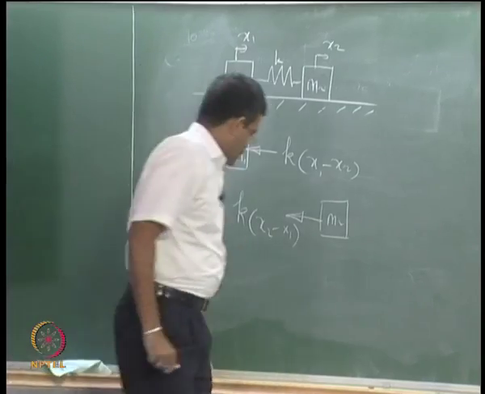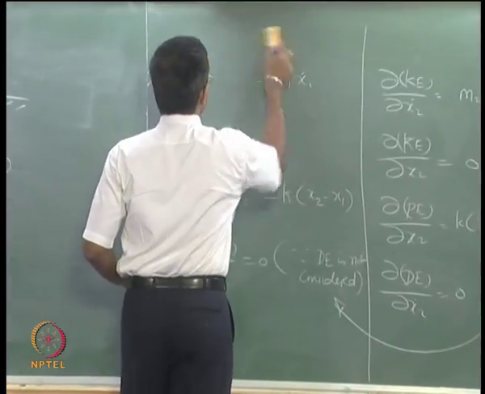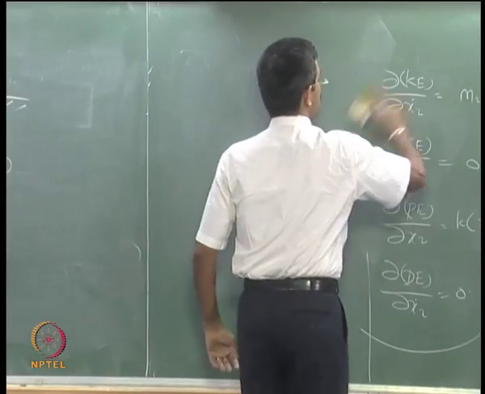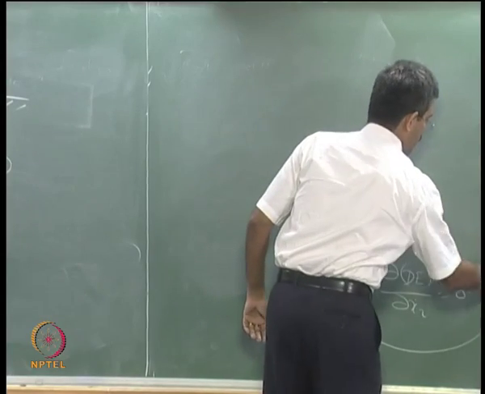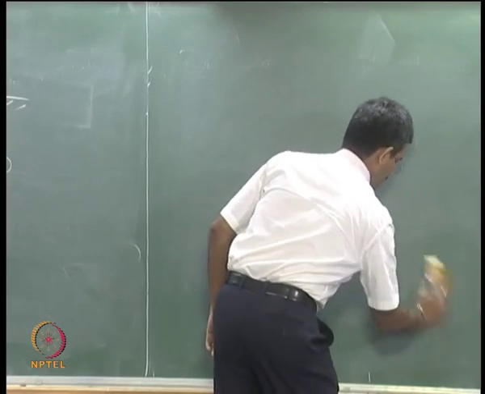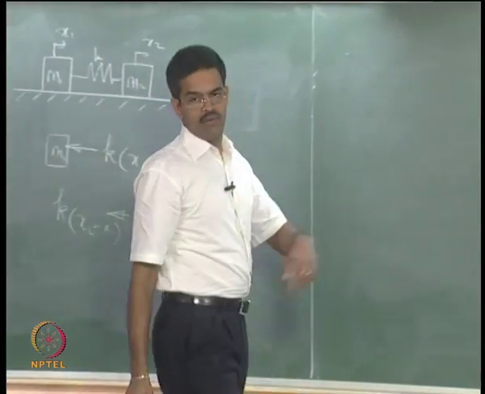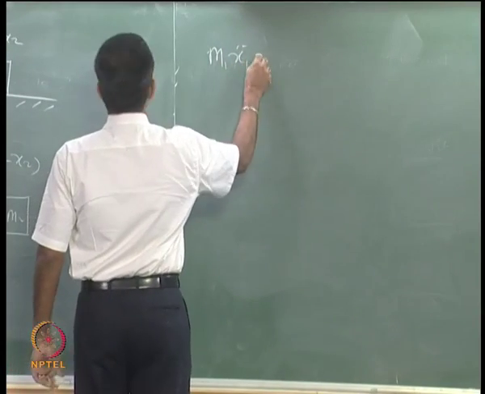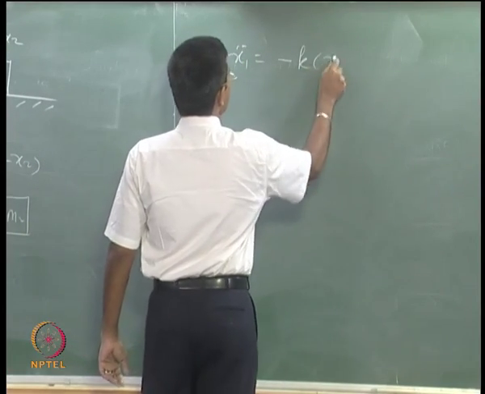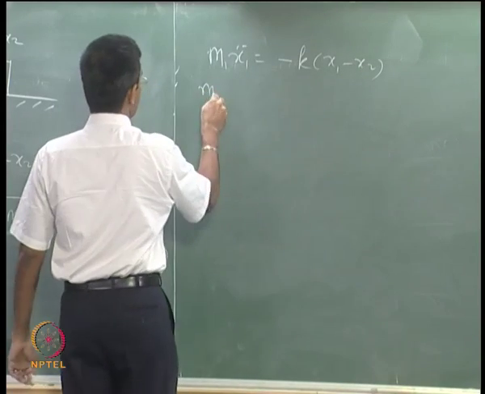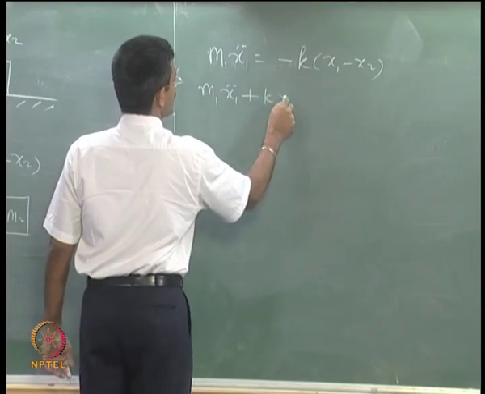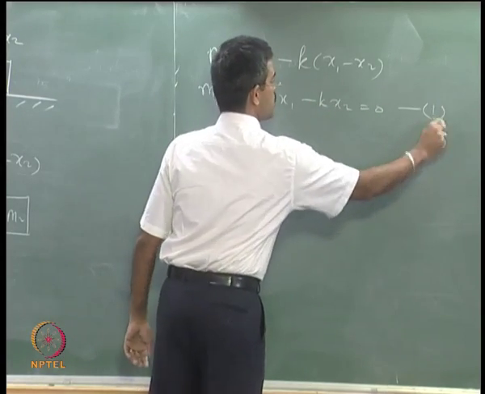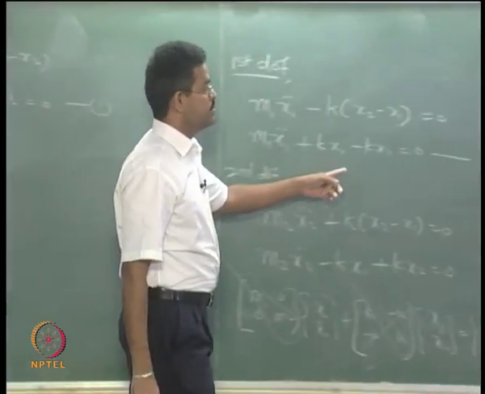So draw the free body diagrams and then write down the equations of motion based on Newton's law, F equals ma, and check whether you are getting the same equations as you already have. So m1 x1 double dot is going to be minus k of x1 minus x2, which gives m1 x1 double dot plus k x1 minus k x2 is 0, my first equation, the same as what I have here.